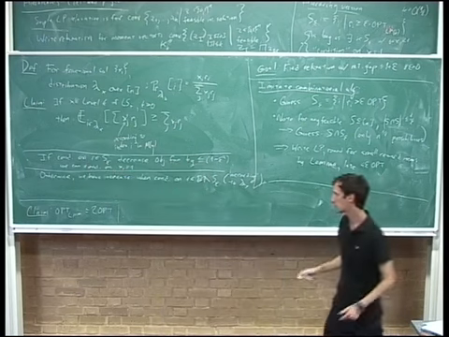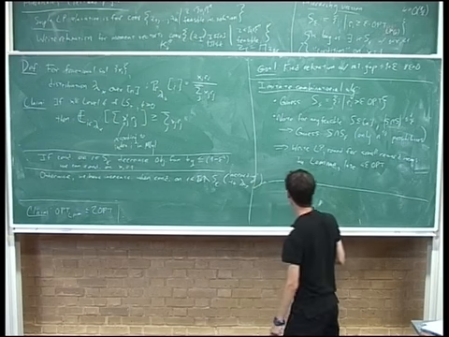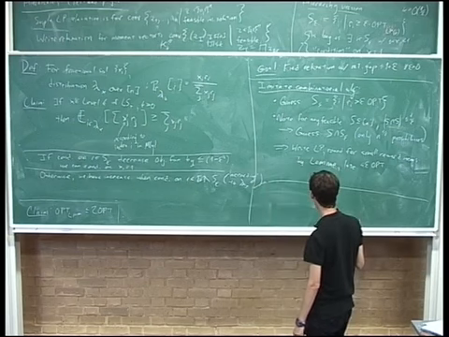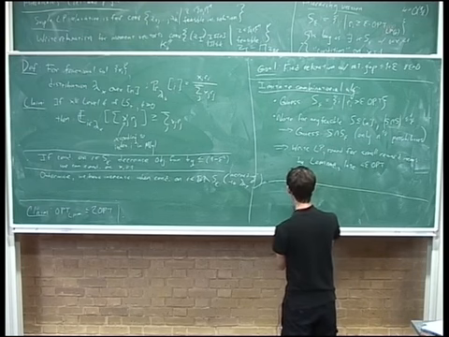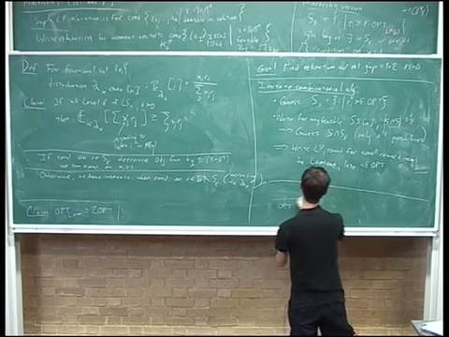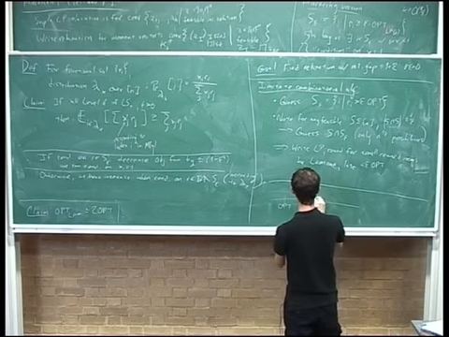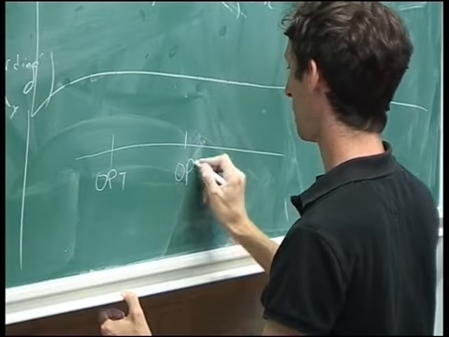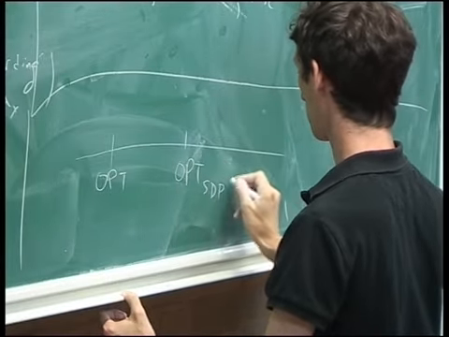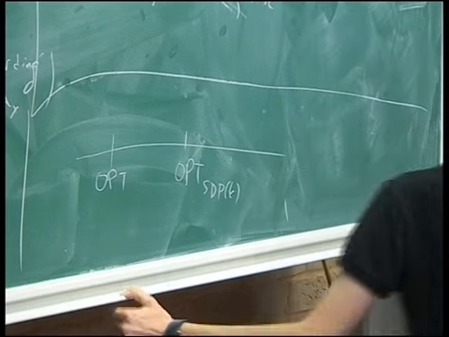And the idea is just, if you look at what happens to the value of the objective function, right? So here you have opt, and somewhere here you have, say, this is opt of SDP, okay?